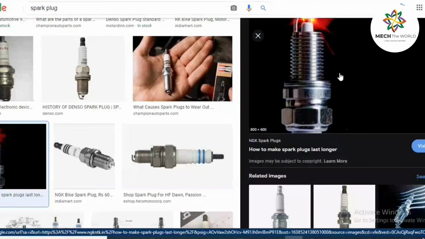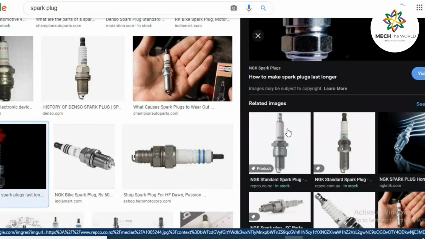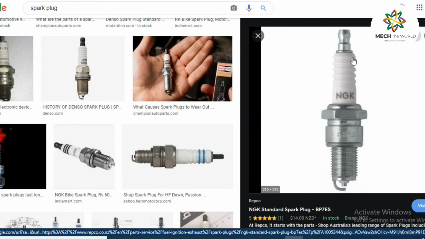So if, rather than using the ceramic material, we use any other metal, then this metal may get damaged. So this is the only reason why we are using ceramics in the spark plugs.